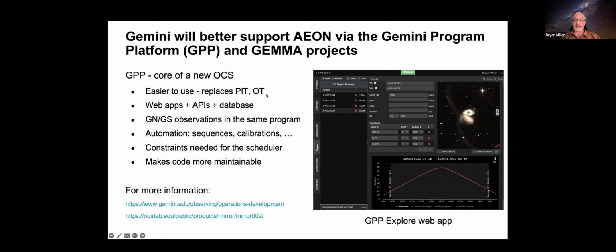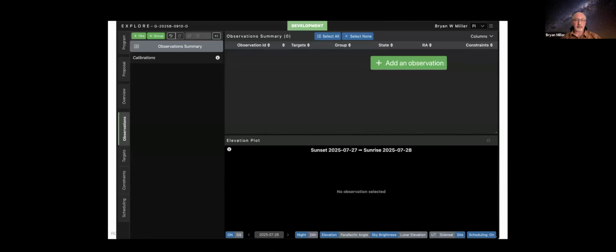Explore is a web browser-based application that replaces the desktop PIT and OT that you may have used. This application communicates with a single database in the cloud, which allows both north and south instruments and observations for those instruments in the same program, and adds a lot of automation in terms of creating sequences and calibrations, and constraints that we needed for our scheduler, and makes the code a lot more modern and maintainable.